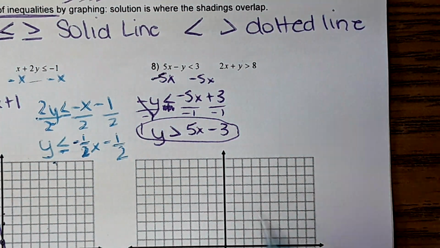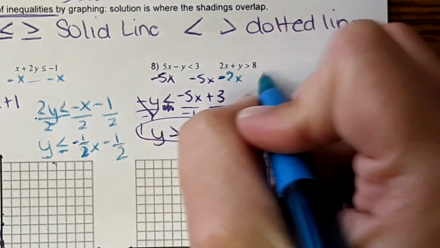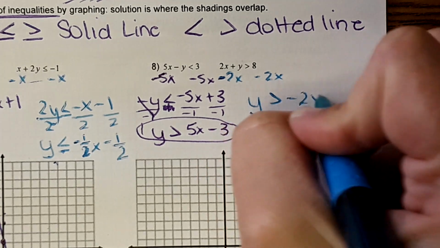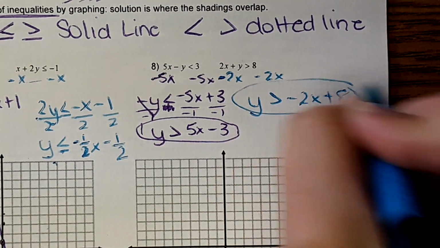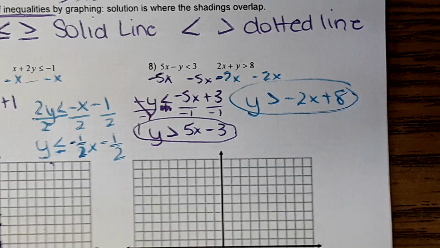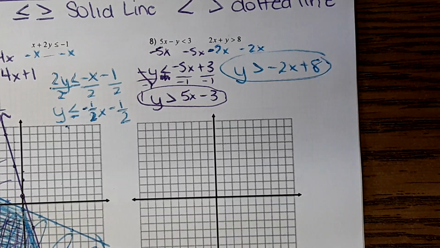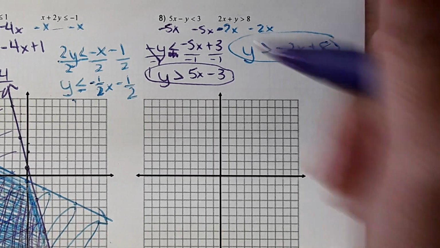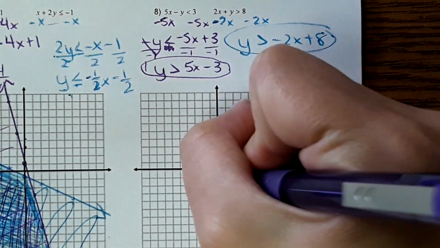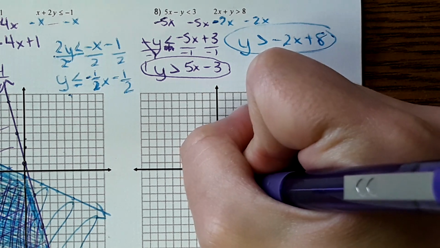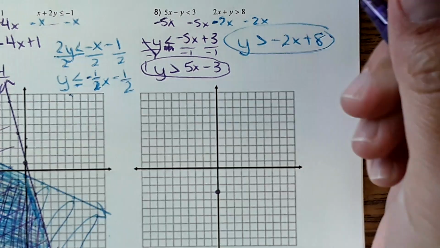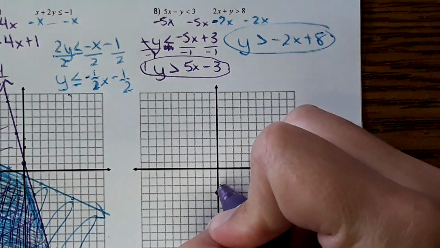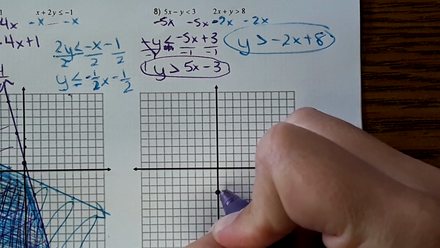And then the other one over here, subtract 2x from both sides. y is greater than negative 2x plus 8, and then I'll graph this. Okay, so now that I have these, the y-intercept is at negative 3, 1, 2, 3. And then the slope is 5, so up 5 over 1.